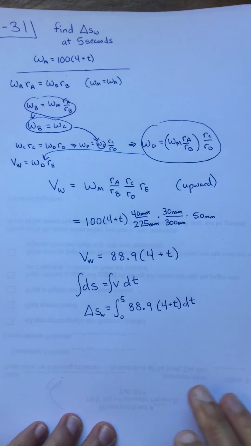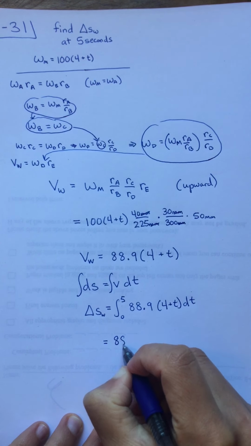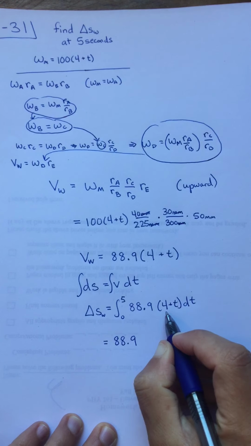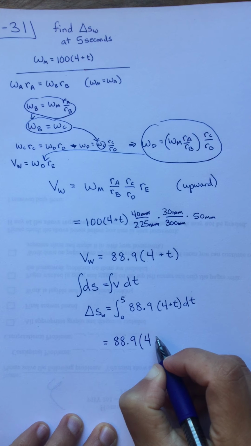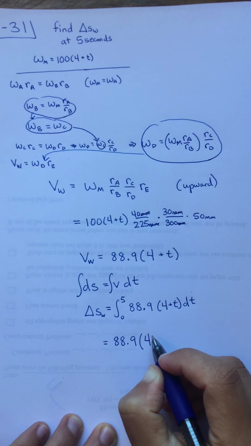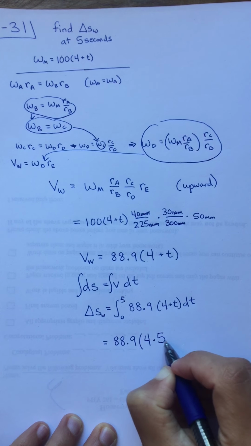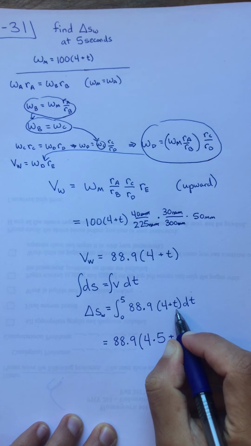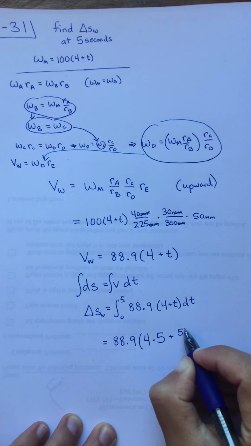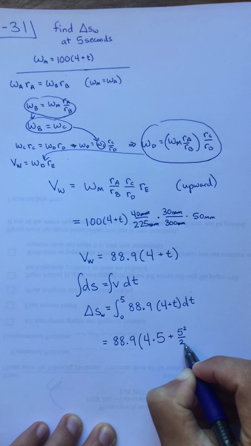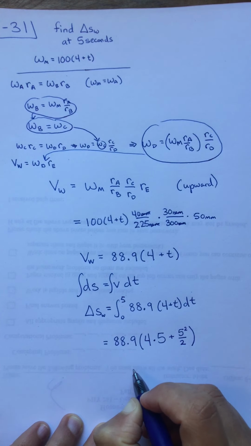When I do the integration, the 88.9 can come outside the integral. Integrating 4 with respect to t just gives me 4 times t. When I put in the limits of integration, that's 4 times 5 minus 0. So this is just 4 times 5 plus integrating t with respect to t gives me t squared over 2. When I put in the limits of integration, that's 5 squared divided by 2 minus 0.